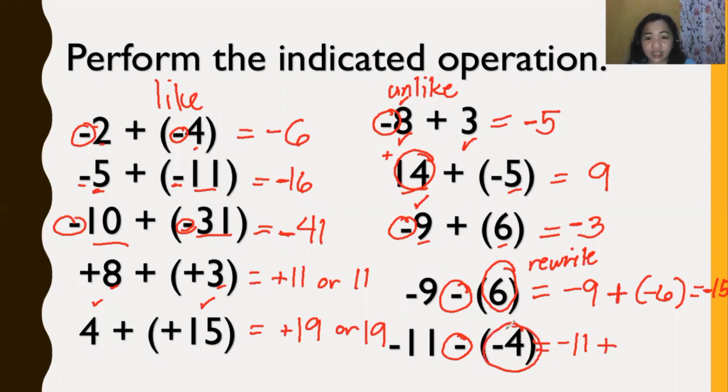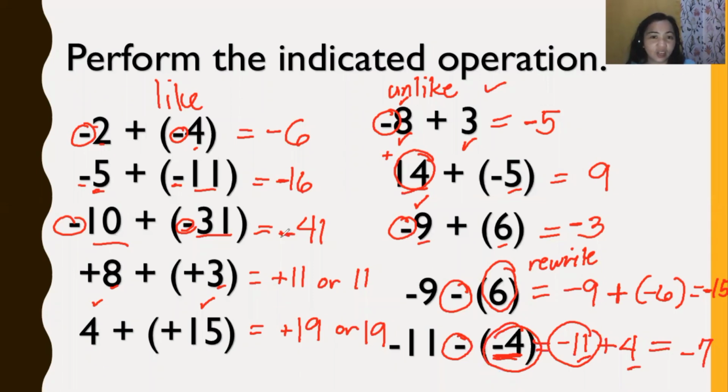At si subtrahend, negative 4 magiging positive 4. Again, change the sign of the subtrahend, then follow the addition rule. So ito na, adding unlike sign na tayo. Subtract the numbers. 11 minus 4 is 7. Copy the sign of the larger digit, which is negative. The answer is negative 7.